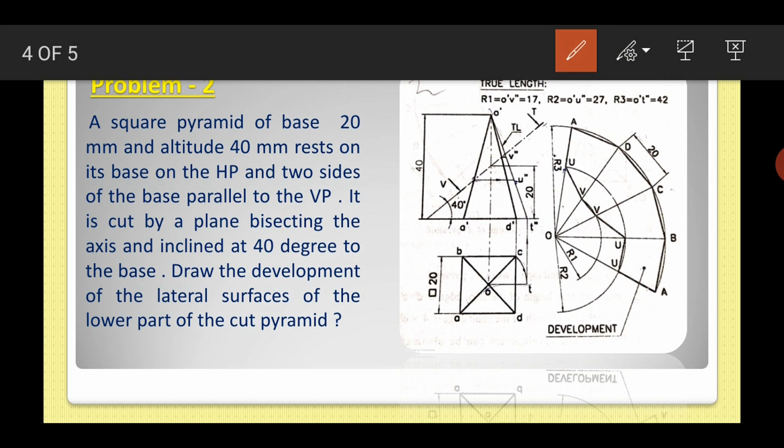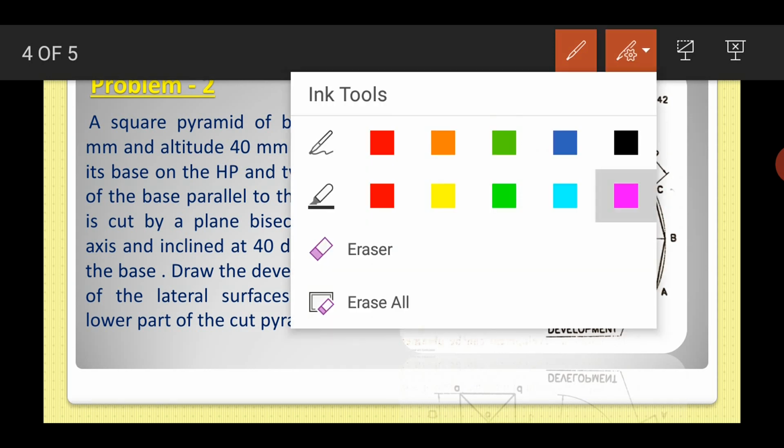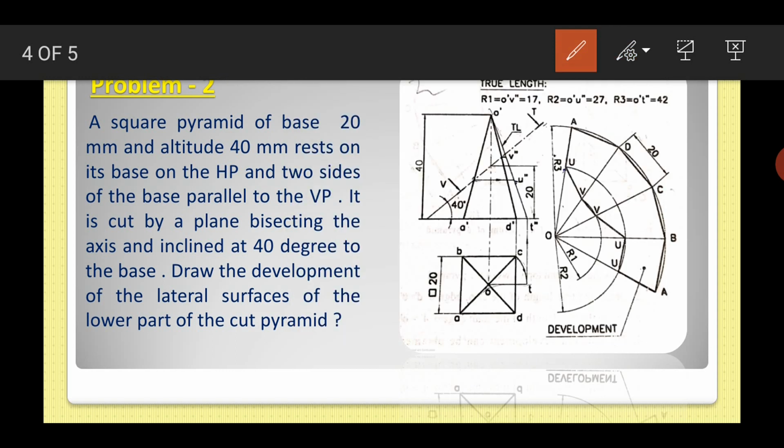Now all this initial drawing is completed. Now we have to draw the development. Before going to develop, we need to rotate it. As I told you in an earlier problem, you draw a line, draw an arc here, meet a point, and draw it to the vertical line.